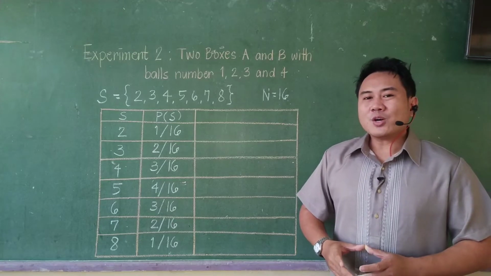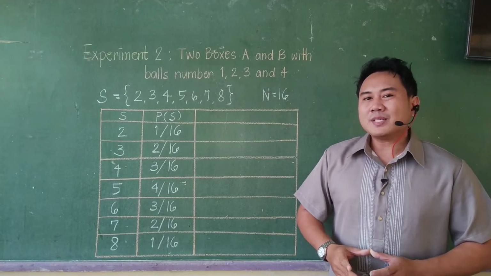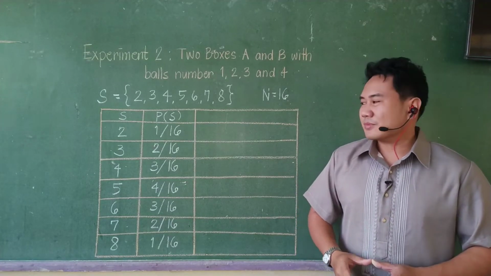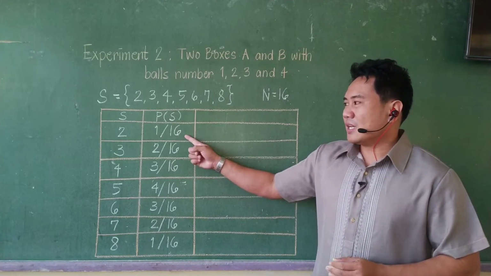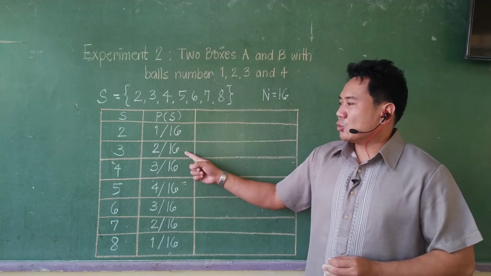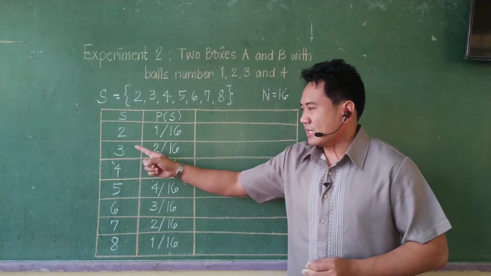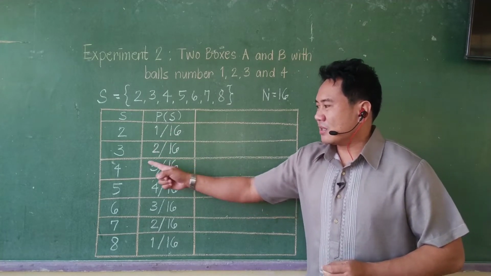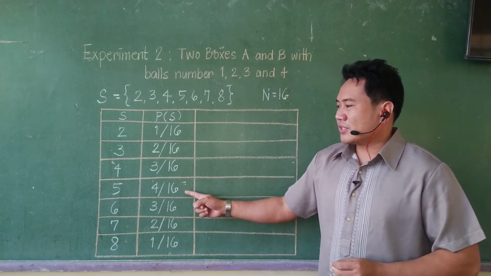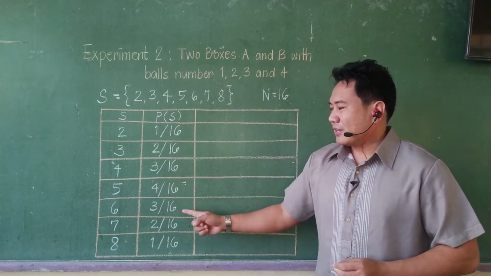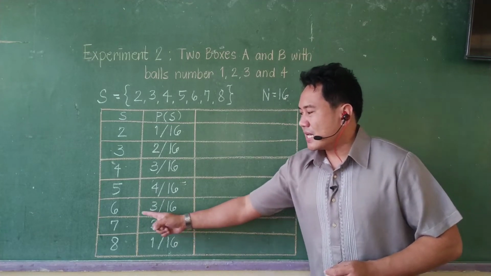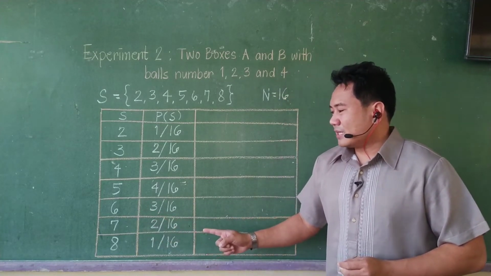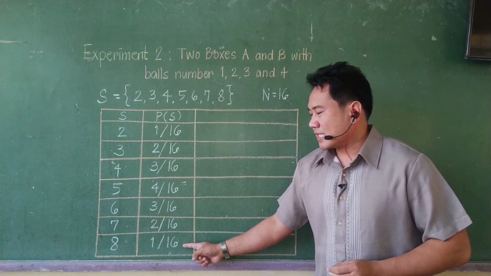And then, we computed the individual probabilities of the possible outcomes. 1 over 16 is the probability of 2, 2 over 16 of 3, 3 over 16 of 4, 4 over 16 of 5, 3 over 16 of 6, 2 over 16 of 7, and the probability of 8 is 1 over 16.